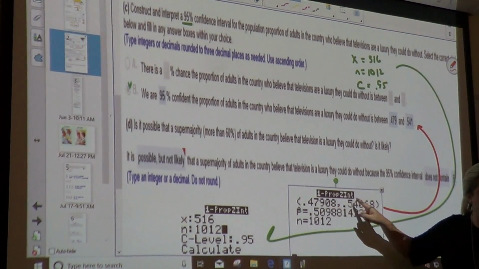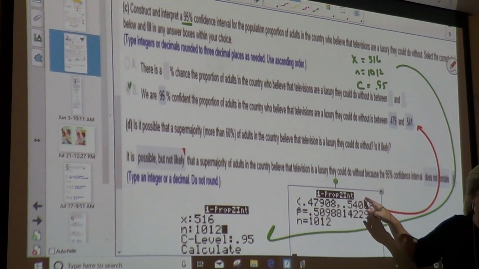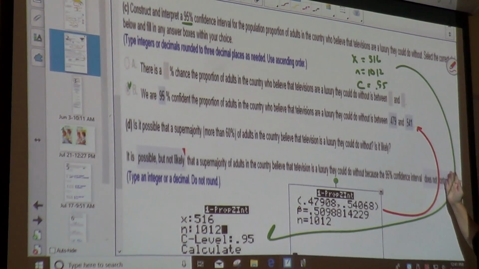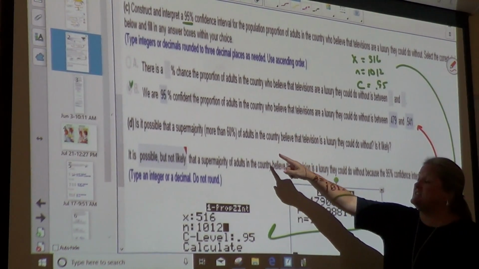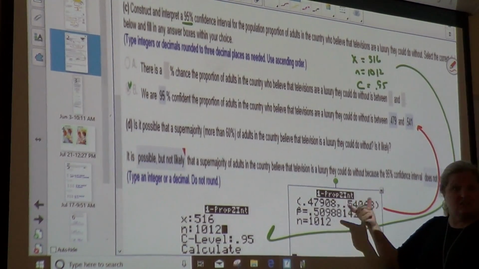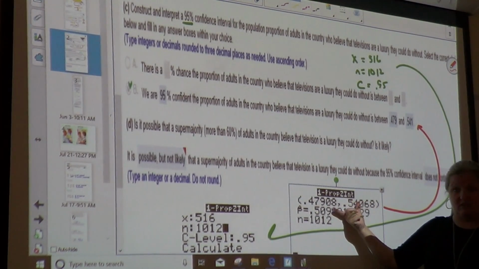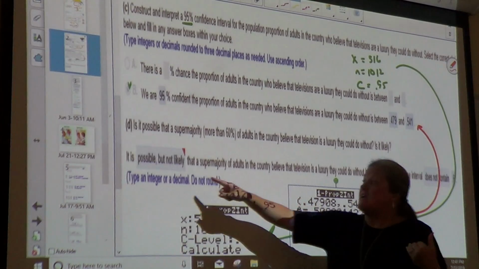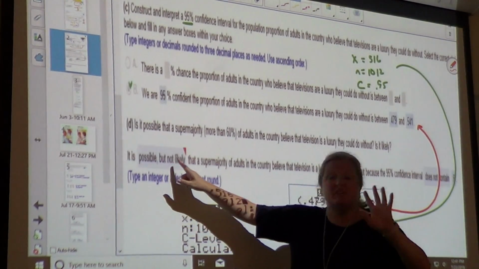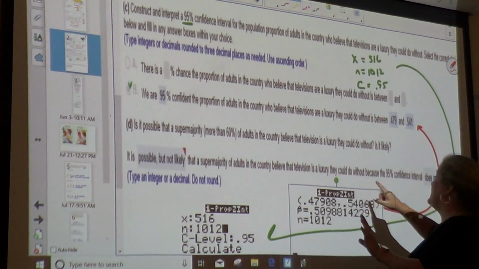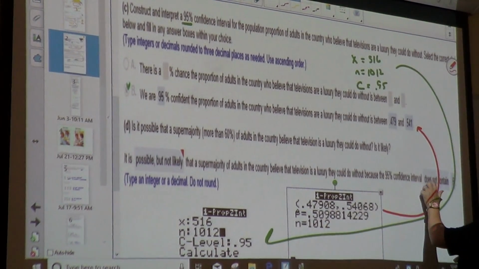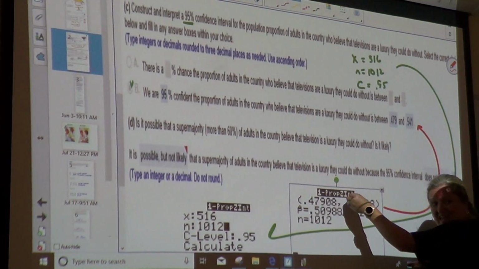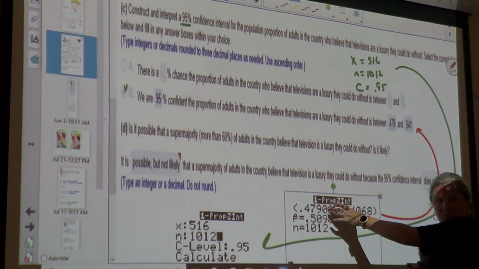Is 60% anywhere in between this confidence interval? No, it falls outside the confidence interval. So it says, is it a possibility that 60%, that we're super confident? No. It is possible, but it's probably not going to happen because 0.6 is not contained in that confidence interval.